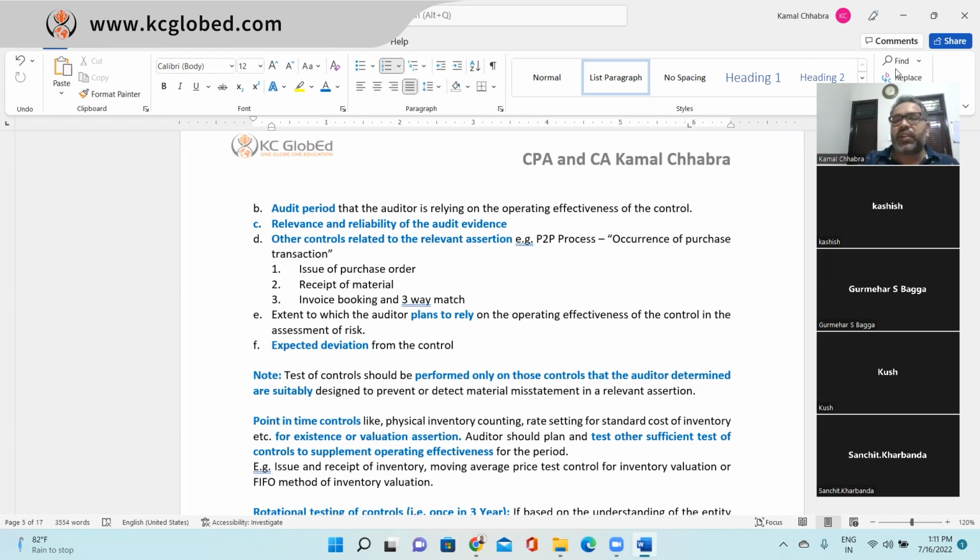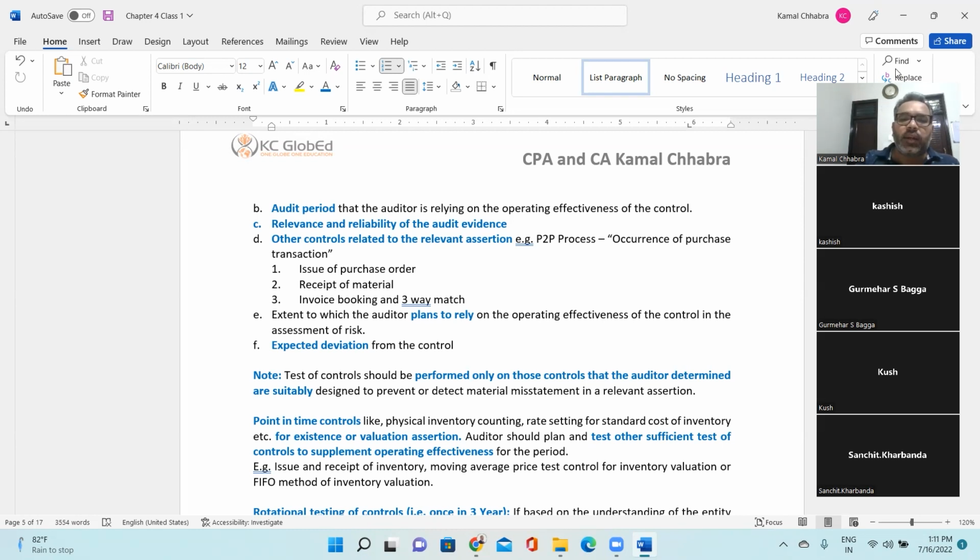So if at first stage you are getting more reliable and relevant supporting evidence, then the extent of testing would be less. But if you are not getting reliable or relevant audit evidence, then you might need to do more alternative testing procedures.